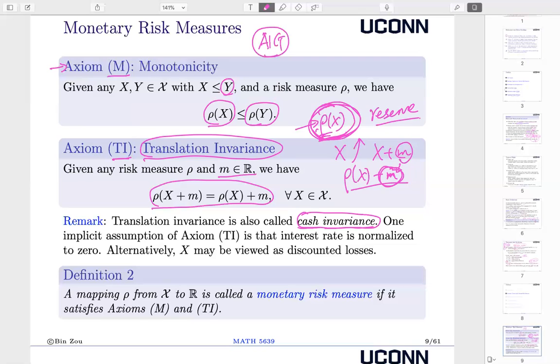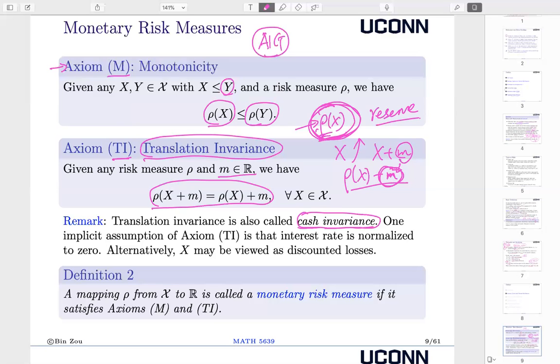Of course, if m is negative, the risk is reduced by m, and the company can reduce the reserve by m as well. You can think of this as a nice property. In some sense, translation invariance makes sense, according to the example I gave you.